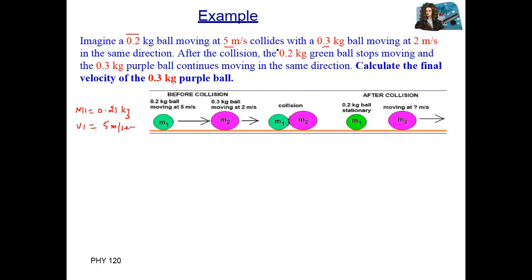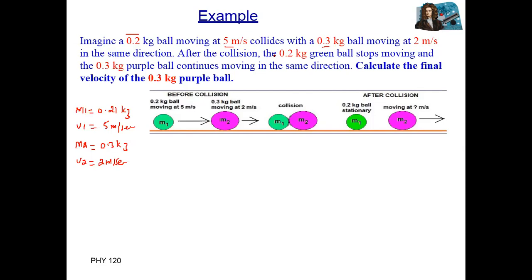Next, the ball collides with another body of 0.3 kg, mass number 2 equal to 0.3 kg, moving at 2 meters per second. This is v2 equal to 2 meters per second, in the same direction. Direction is necessary because momentum is a vector quantity.